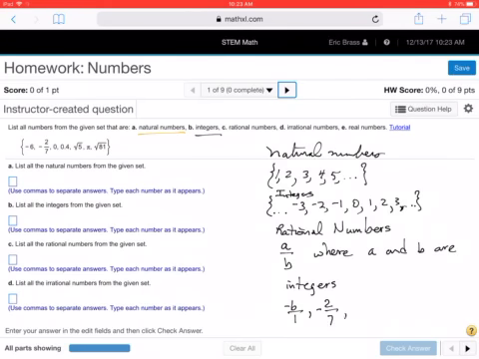That's a rational number. 0 is rational because you can put it over 1 and you still get 0. 0.4 is rational because you can write it as 4 over 10.